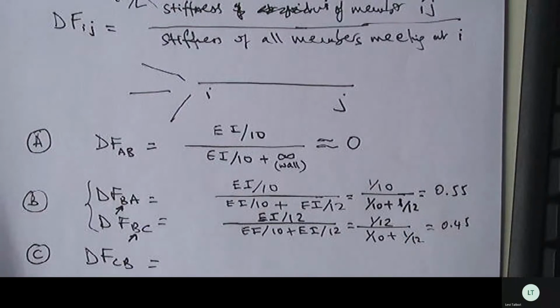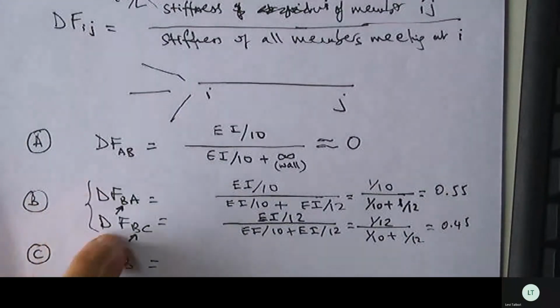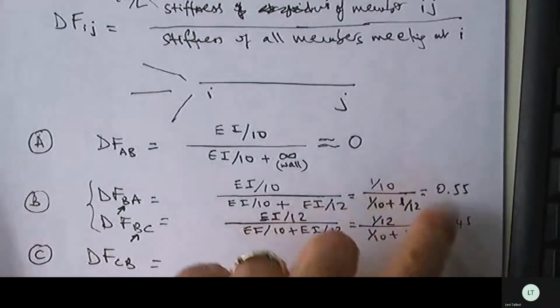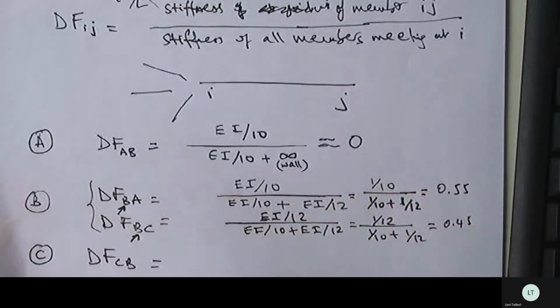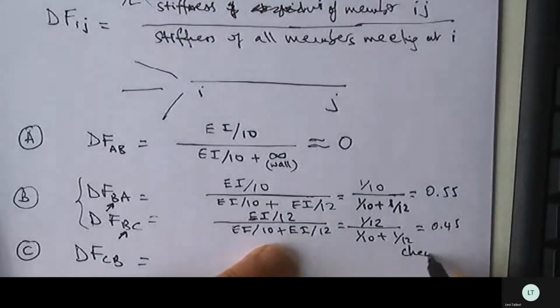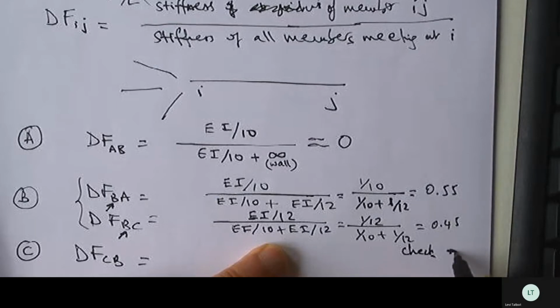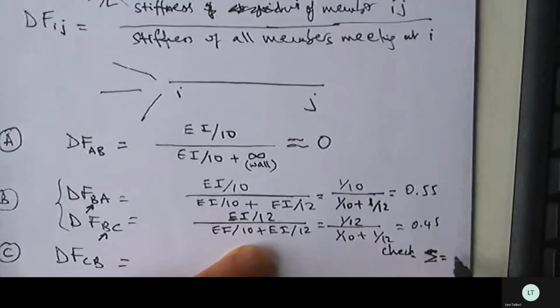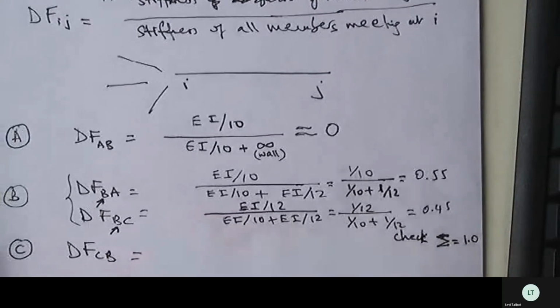So as a check, the sum of the distribution factors at a given joint is always equal to 1 at an intermediate joint. So here, check the sum is equal to 1.